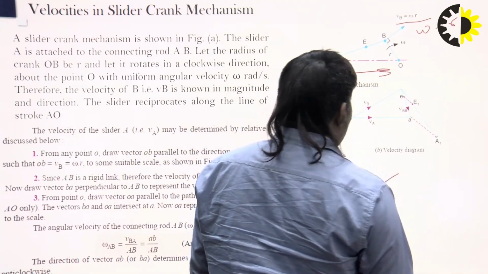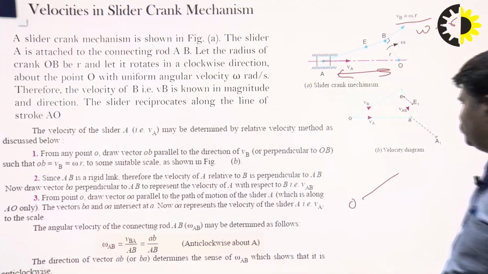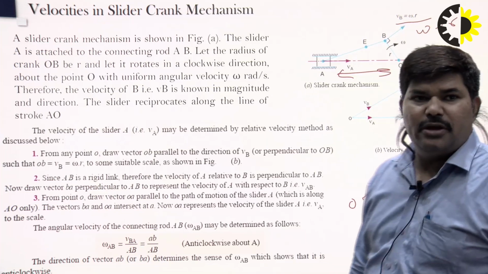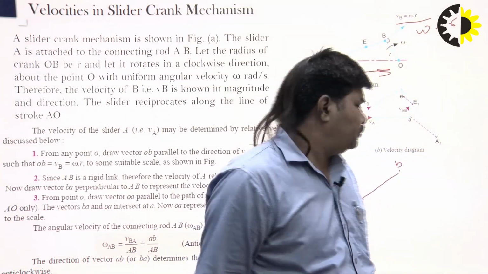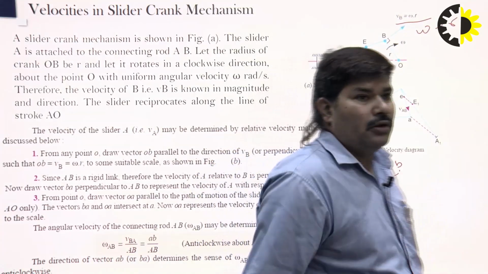These point B, velocity of B. This point is velocity of B, right?